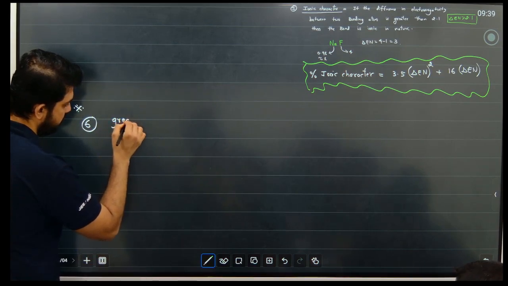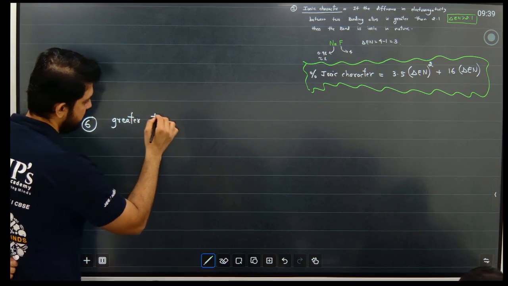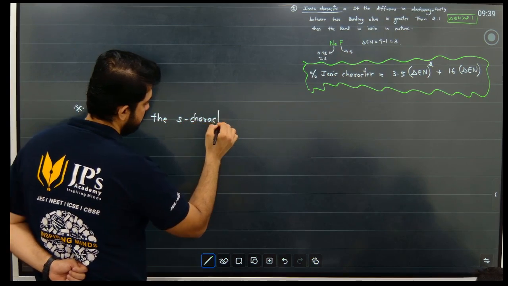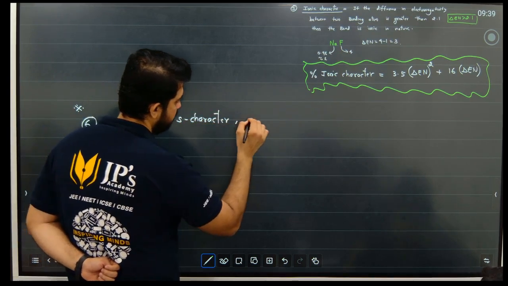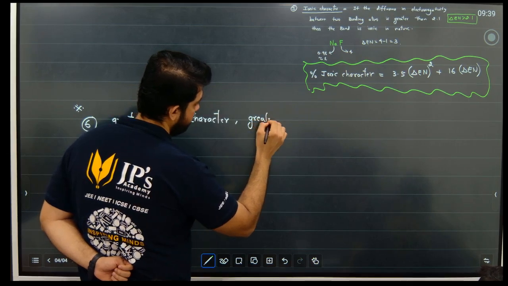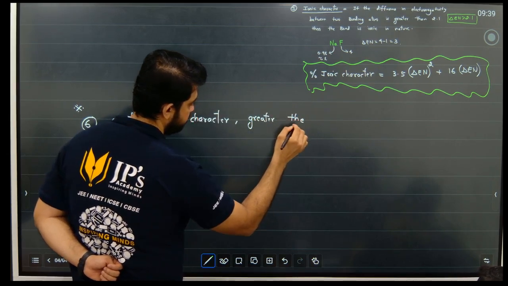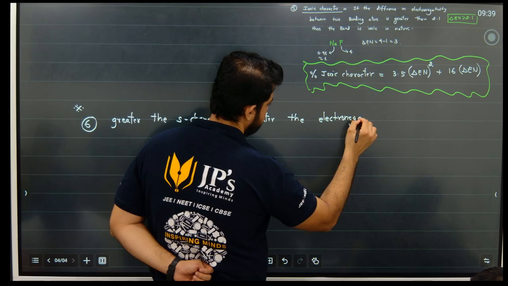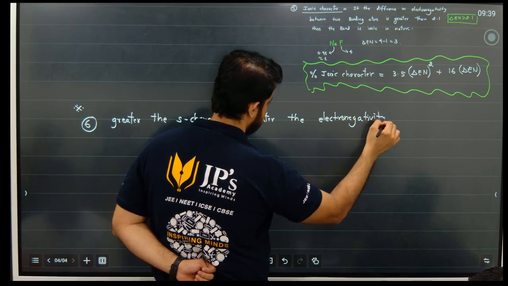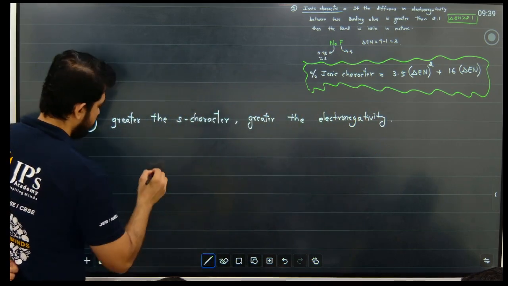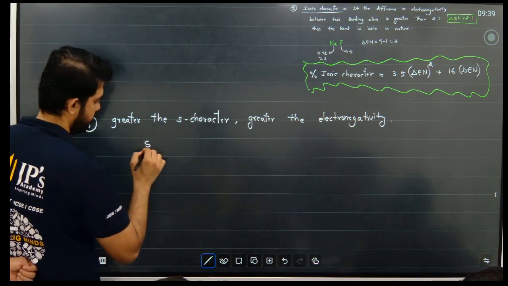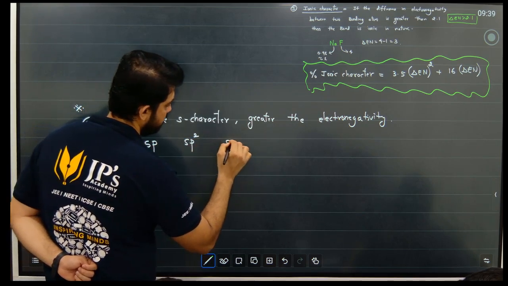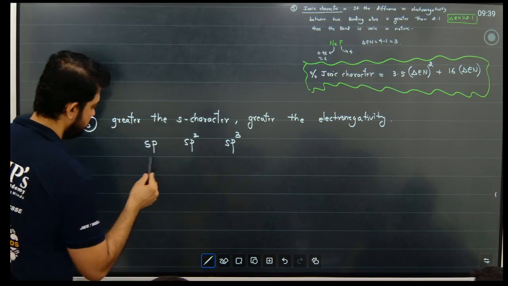Greater the S character, greater is the electronegativity. फिलहाल के लिए इसको आप सिर्फ ऐसे ही कॉपी करके रखना.